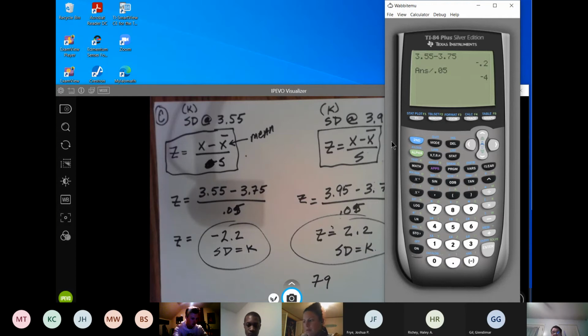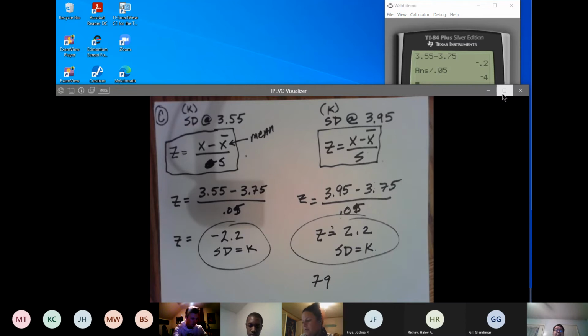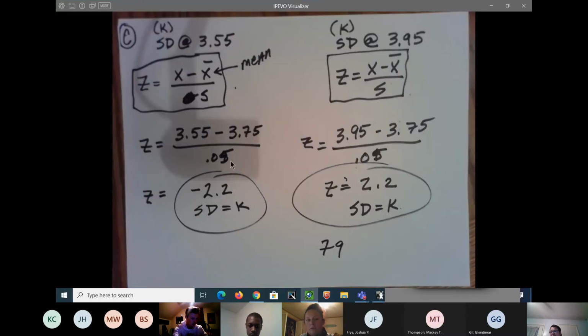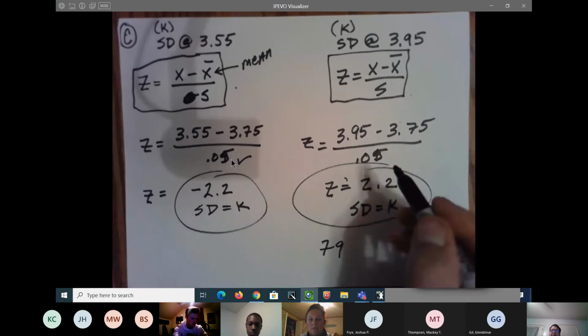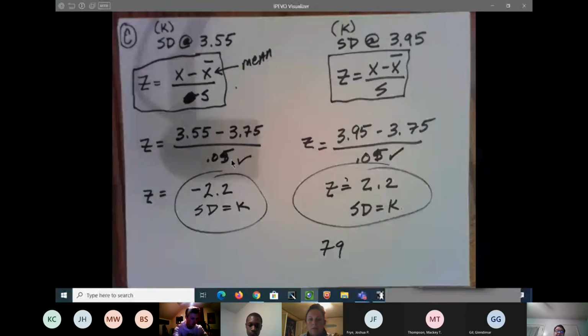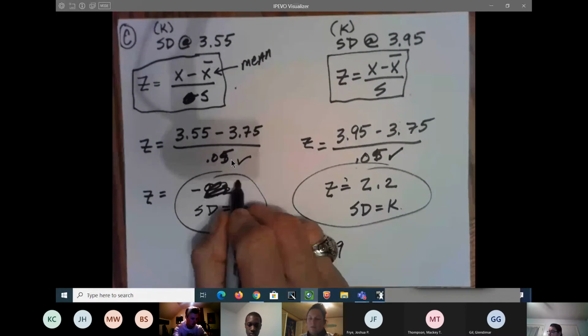All right, now that would make 98 point whatever. The only problem was I wrote down 0.09 instead of 0.05. So the answer is correct. If you do 0.05, you get a negative 4 and a positive 4.